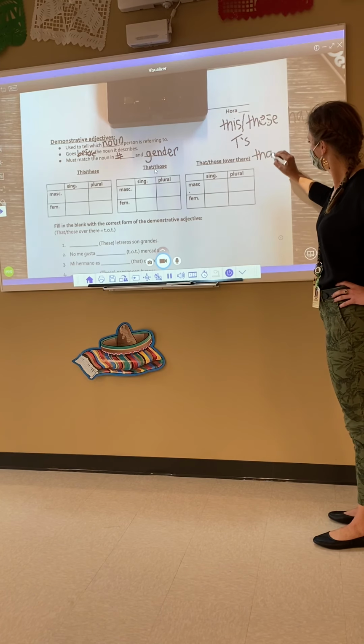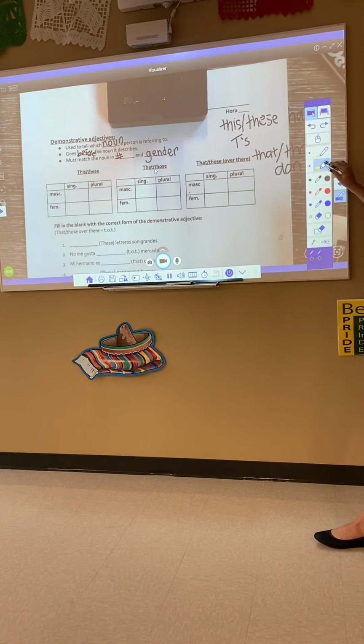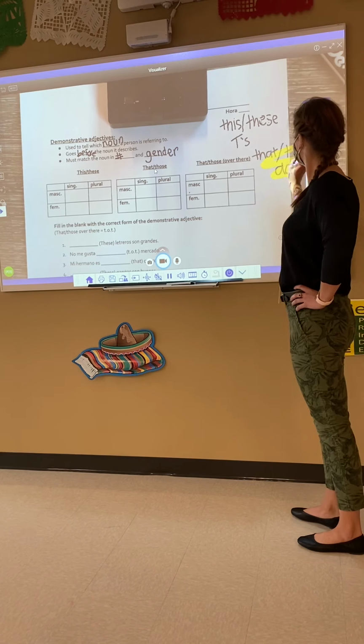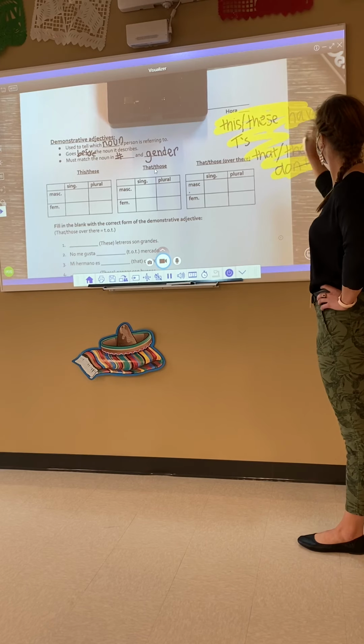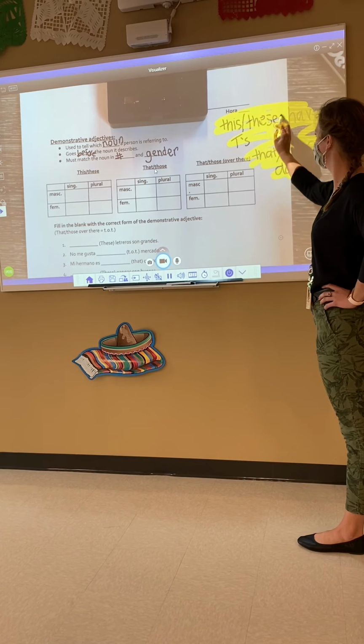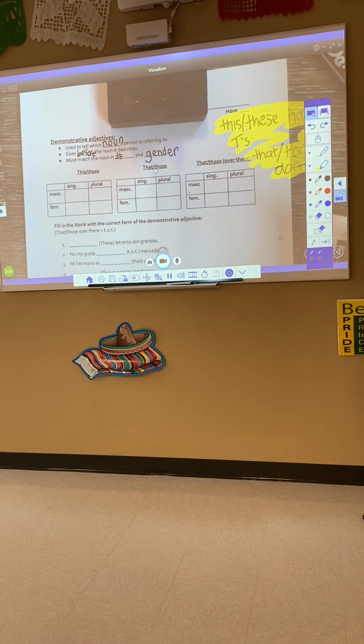That and those don't. So write that somewhere in your paper to help you remember, which will make a little bit more sense in a second when you actually have what they are in Spanish.